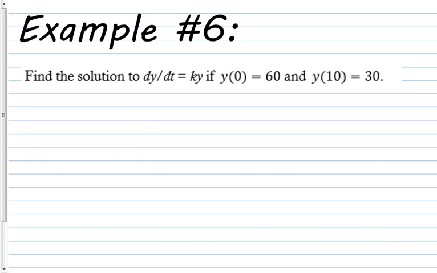Okay, example 6, find the solution to dy/dt equals ky if y of 0 equals 60 and y of 10 equals 30. Okay, so y of 0, this is my initial value of y. Once again, we have dy/dt equals ky.